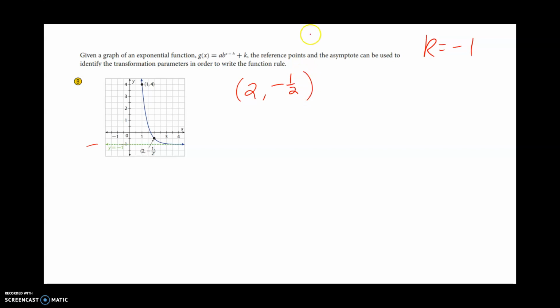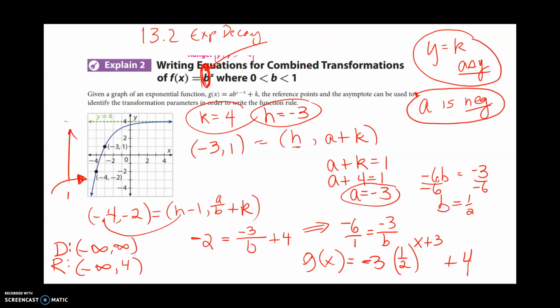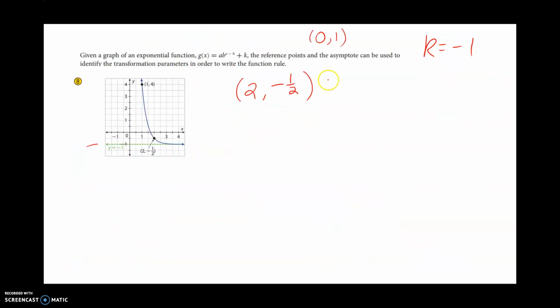Remember, this is the point that would correspond to 0, 1 on the parent graph. That's how we're going to pick the first reference point, because if we move this graph, that is the 0, 1 analogy. So here's our first reference point.